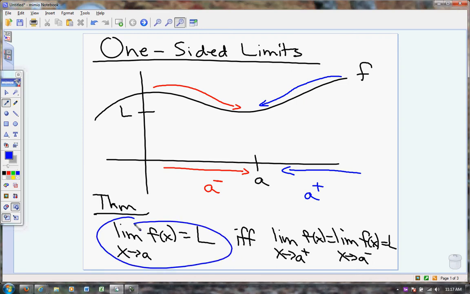All right, so we must consider left and right-hand limits.